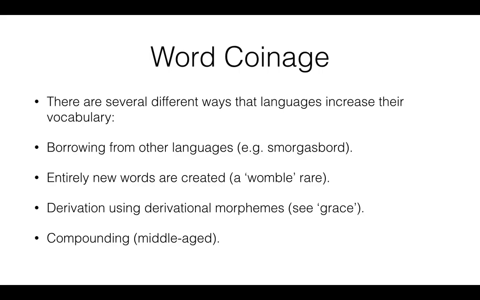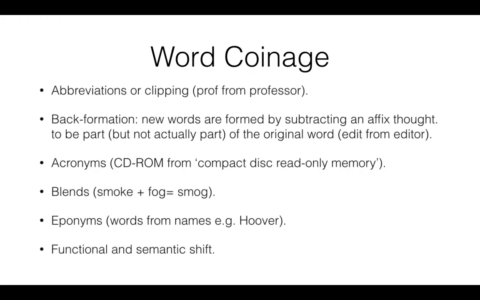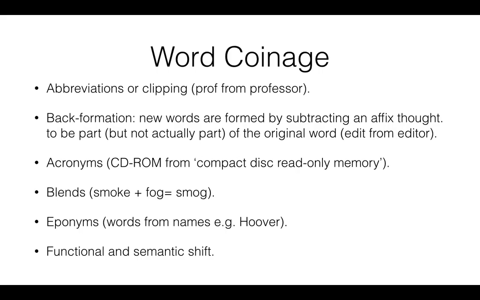That's what we have seen today, we derive using affixes. Or we can use compounding, middle-aged, for example. Here you have compounding using a dash between two words. And finally, we can have more examples here that you can see and come back to later on. And that's it. Thank you very much.